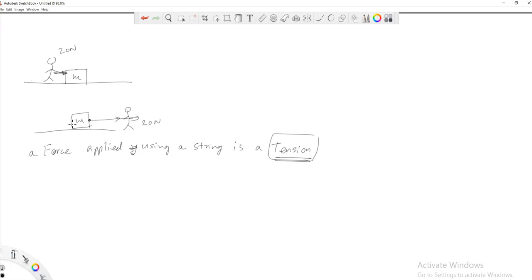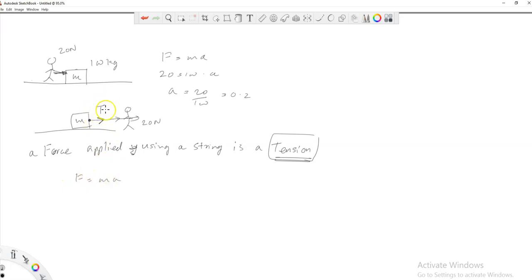Now the rest of the math is going to be the same. Here you apply 20 newtons. Let's say the object is 100 kilograms, and we know that using F equals ma, 20 equals 100 times a, so acceleration will be 20 over 100 equals 0.2. Same thing here. You are applying 20, so the tension, I can mark it like this. We use the letter T, so we can say F equals ma.